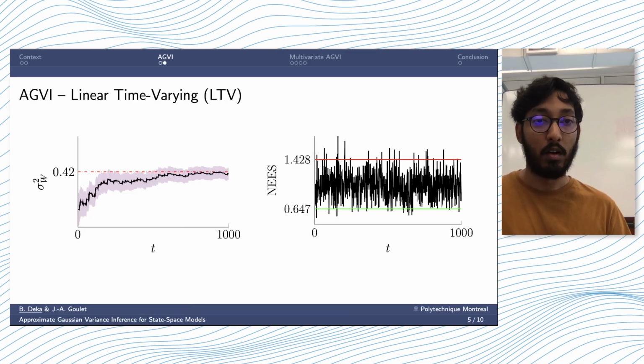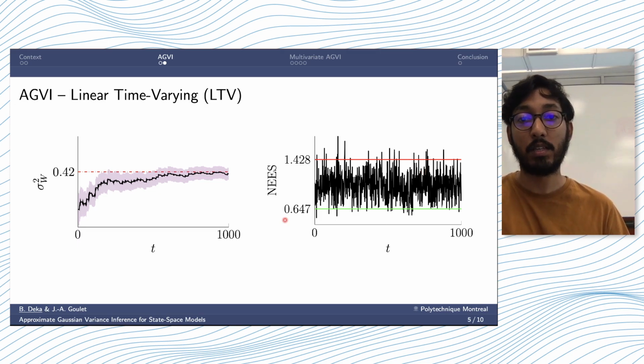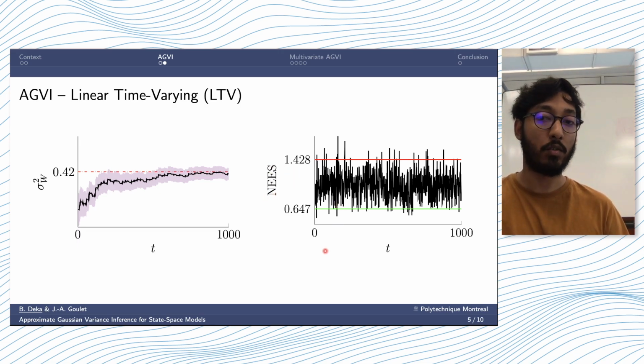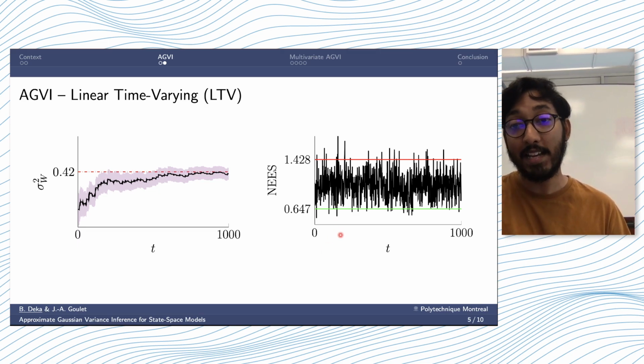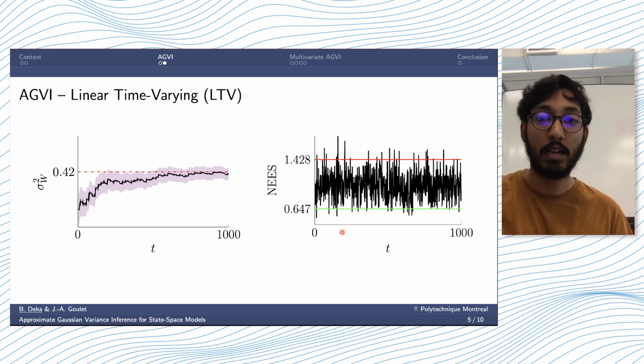Now, we have also done other tests in order to see if our filter is still consistent or not. The first test that we did used this metric, which is NEES, the normalized estimated error squared. Basically, if we choose a confidence bound, for example 90% or 95%, and based on the length of the time series, we can identify the theoretical values.